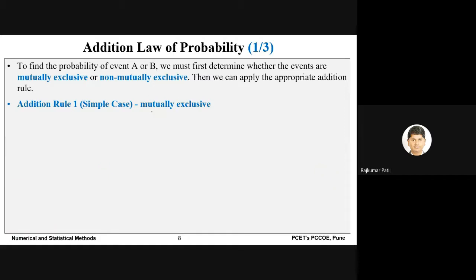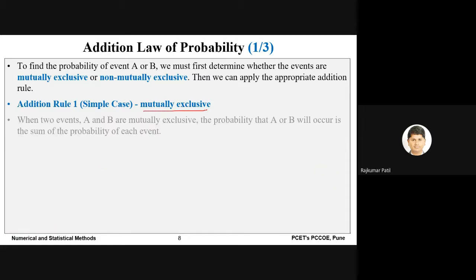This is an important part that we need to understand before calculating the probability. So we will start with mutually exclusive events. When two events A and B are mutually exclusive, the probability that A or B will occur is the sum of the probability of each event. So probability of A or B, this notation is called union.